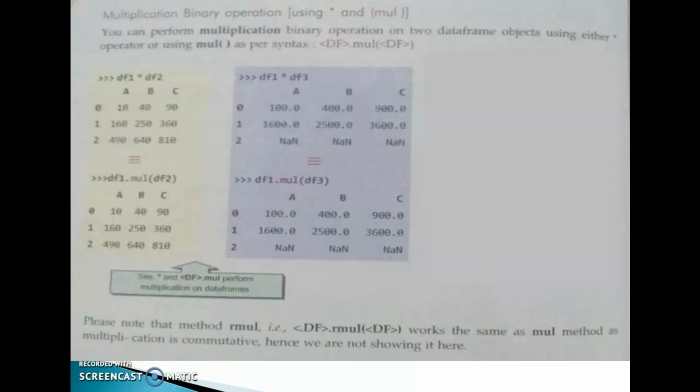Rmul and mul function also we can use for multiplying two data frames. This multiplication operation is commutative, so it will produce the same values, same result. Clear? Multiplication binary operation by using star, mul and rmul function.